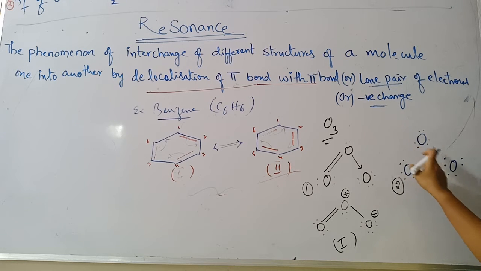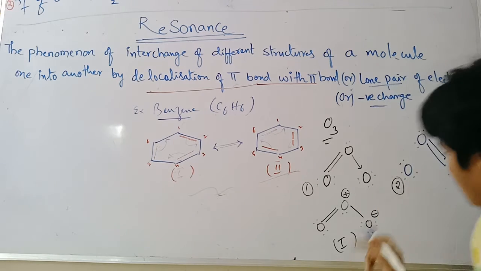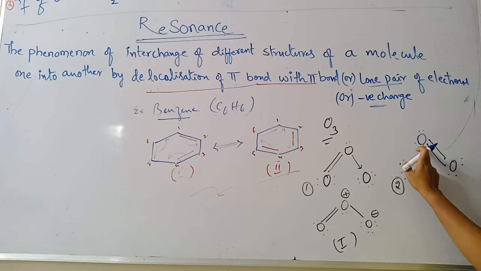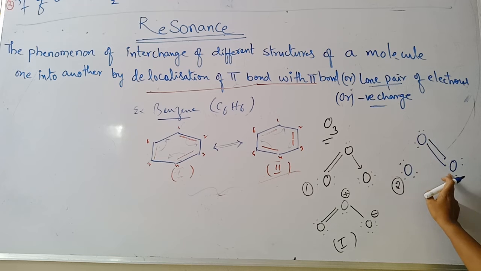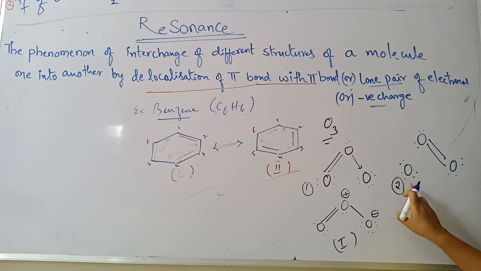Between the second and third, it is the same as what we have seen in the first case, that is, a double bond is there. By sharing of electrons, 6 electrons and 2 electrons of the middle one, 8 electrons around this oxygen. And next, in the previous case we have seen that the third oxygen was the acceptor, and this time the first oxygen is the acceptor.